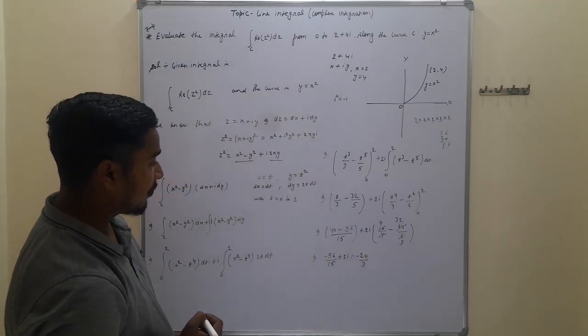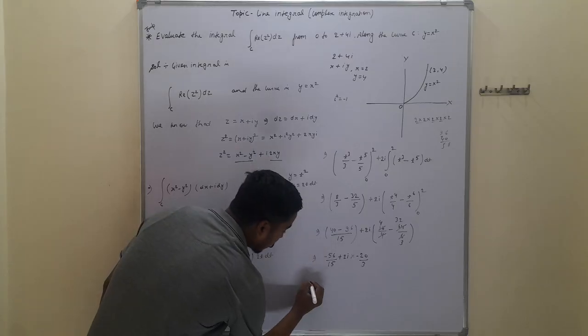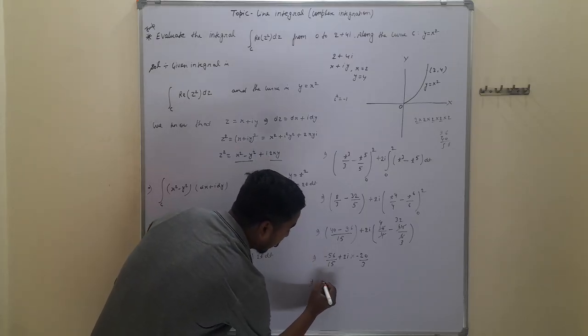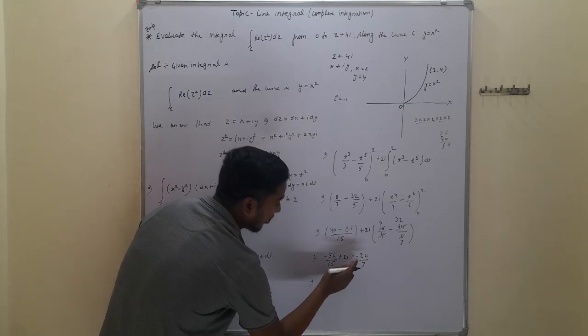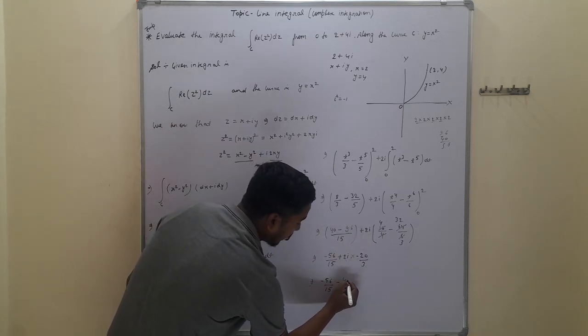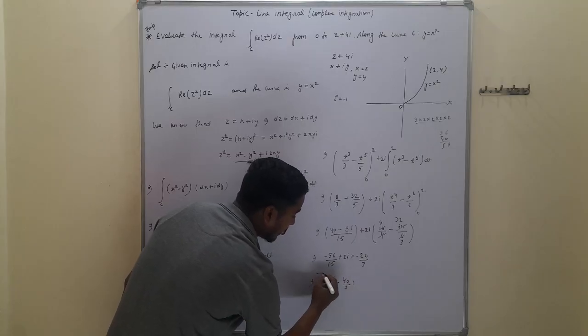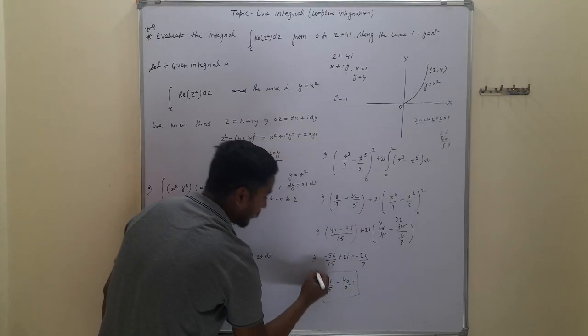Minus 20 upon 3. And further we can write this as minus 56 upon 15, and here 2 times 20 is 40, this is minus 40 upon 3 i. This is the required solution of the given problem.